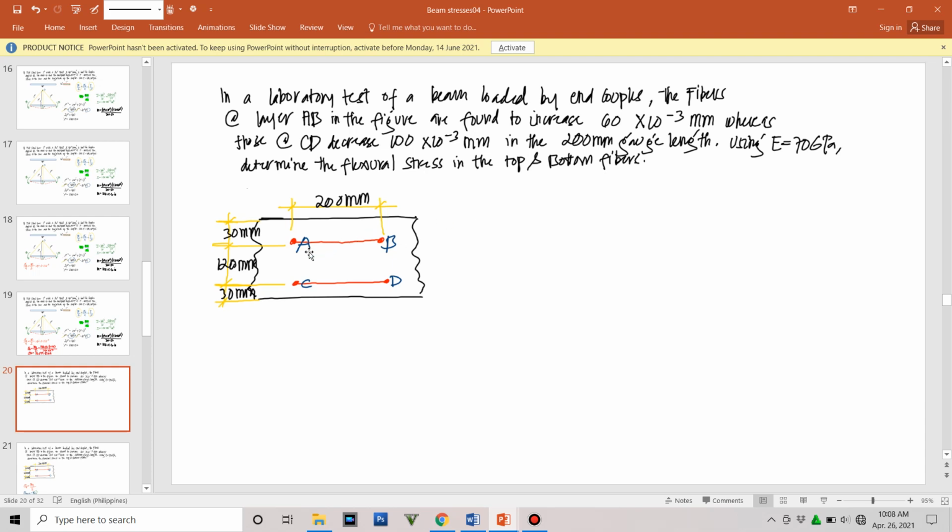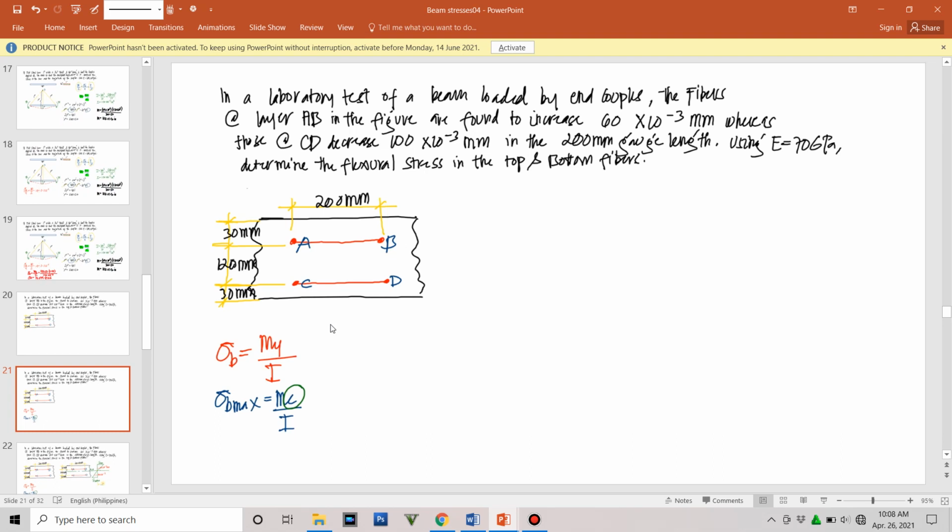So the layers here in the figure are already specified, and it is observed that this is a symmetrical location when we consider the neutral axis.